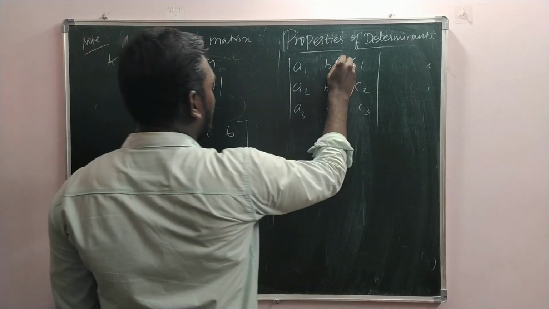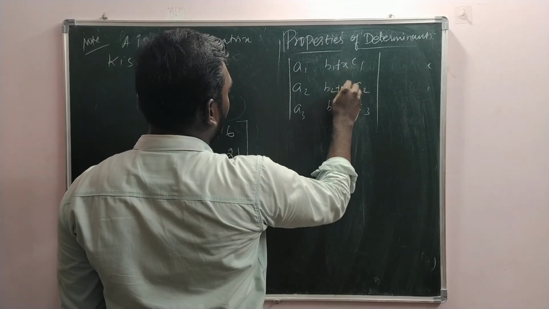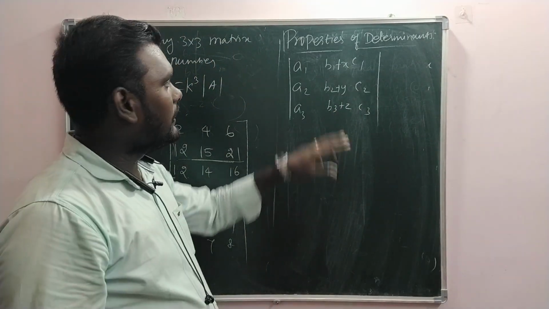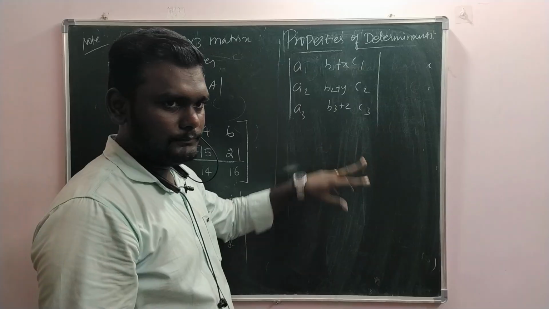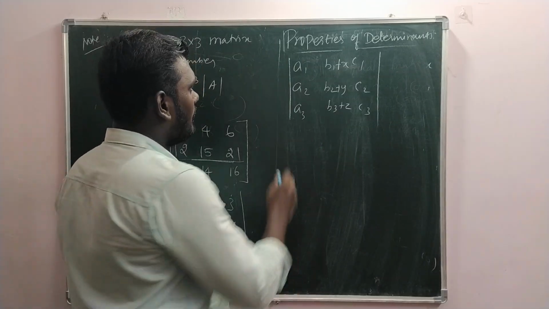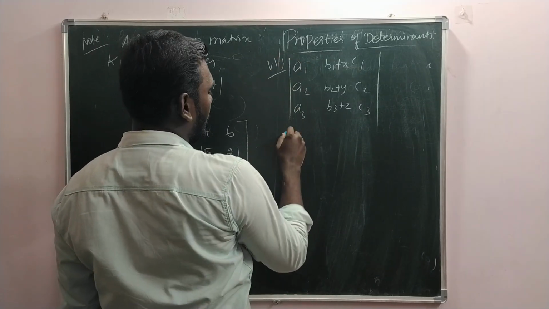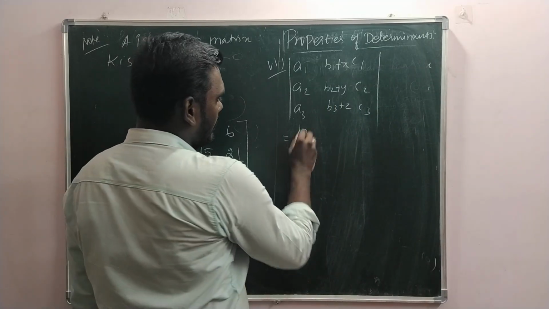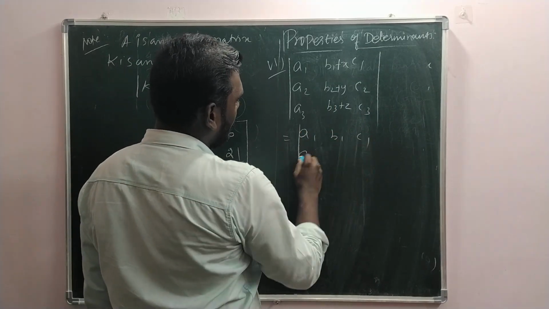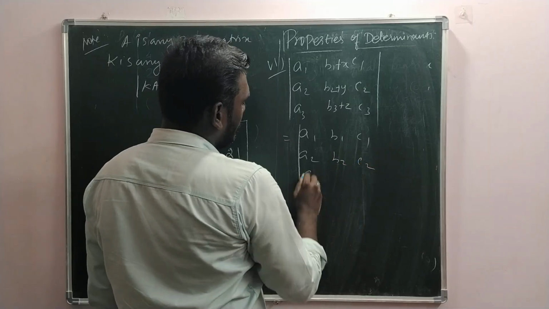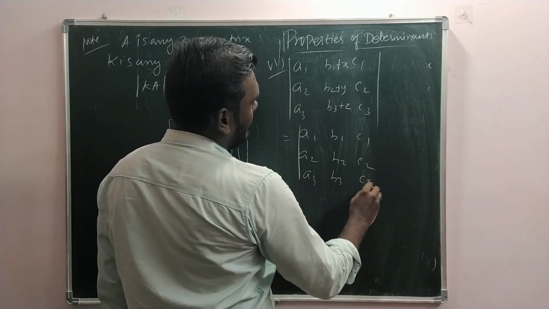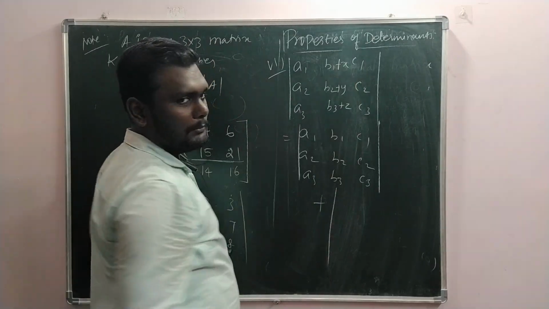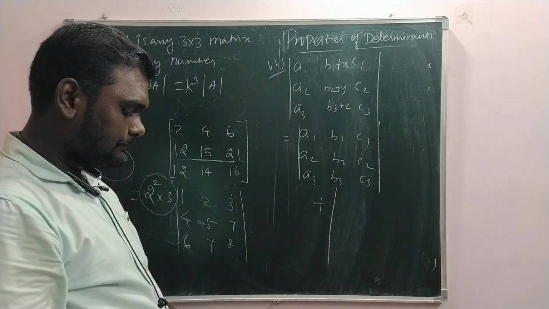So instead of this, suppose we have plus X, plus Y, plus Z, and we notice that this can be expressed as a sum of 2 different numbers. Then the determinant value will be, so this is the 6th property, we can split this into 2 determinants, like this A1, B1, C1, A2, B2, C2, A3, B3, C3, plus this along with some numbers, right? Those numbers you can write.